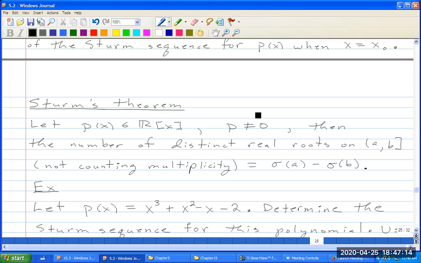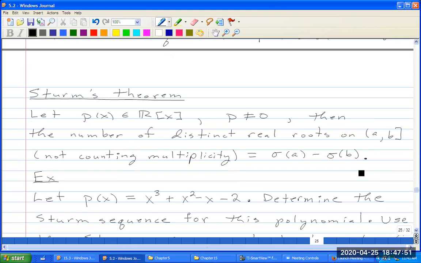Then the number of distinct real roots on the half open, half closed interval from a to b, where we're including the endpoint b, not counting multiplicity, is sigma of a minus sigma of b. So you just take the number of sign changes of the Sturm sequence at a minus the number of sign changes of the Sturm sequence at b.